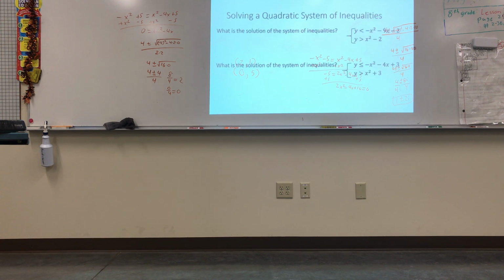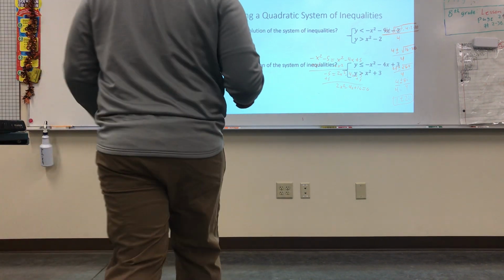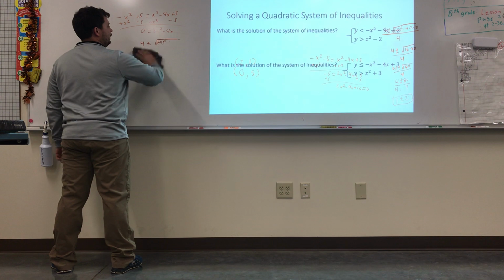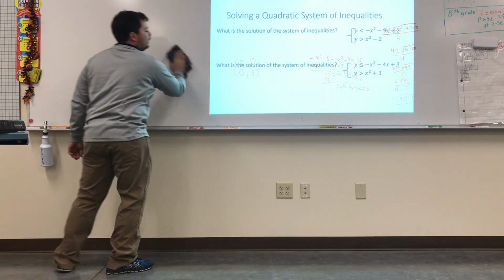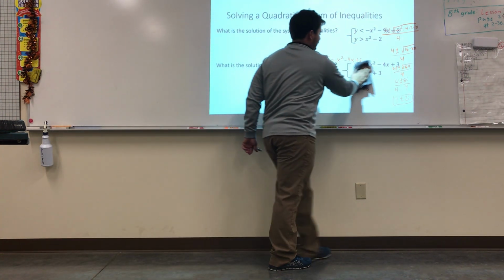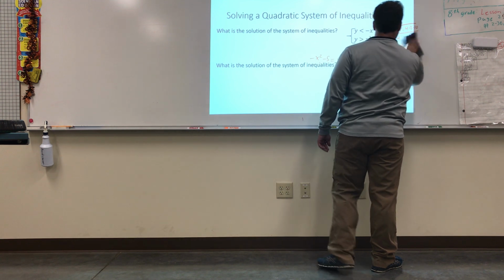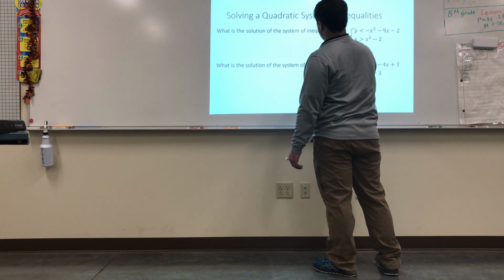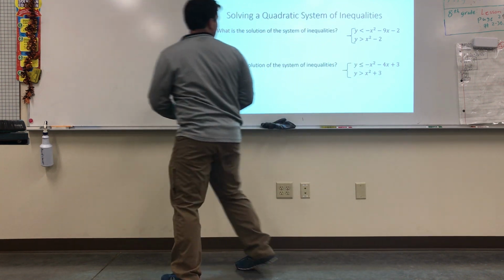Okay, now, once again, these are graphic ones, because that's the only way you can really solve an inequality. I will once again allow you to type these into Desmos for your answers. Now, obviously, you have to sketch these properly.